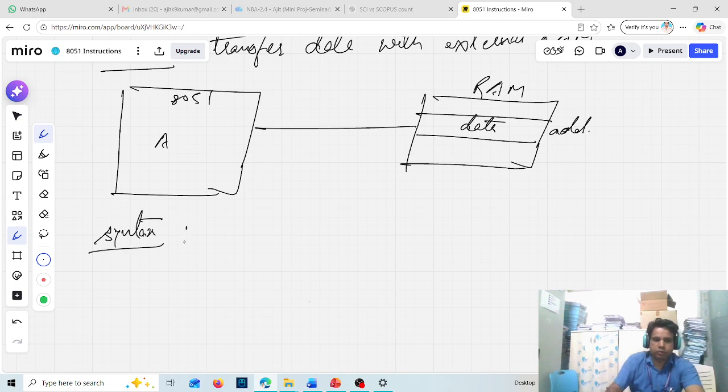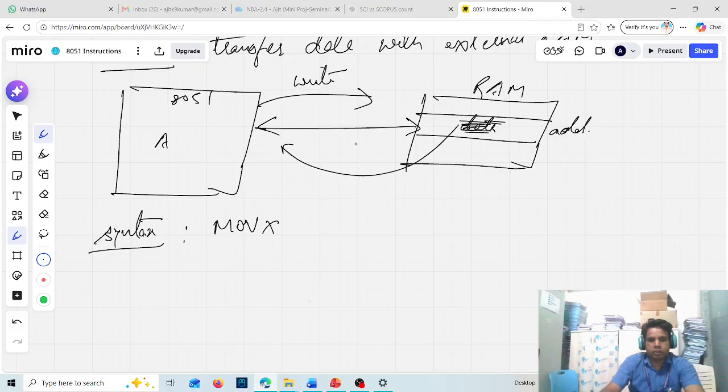Now between the RAM and the microcontroller, the data can go in both directions. By a write operation, the microcontroller can store something or overwrite this existing data with new data, or this data can be brought inside the microcontroller, so read and write both can be done.